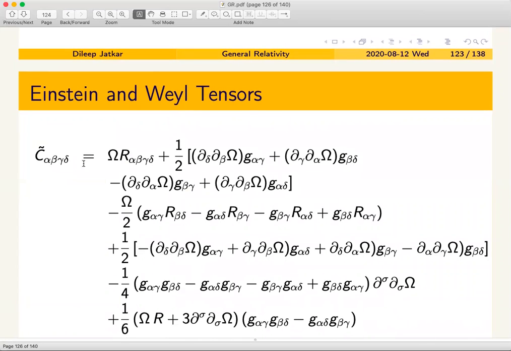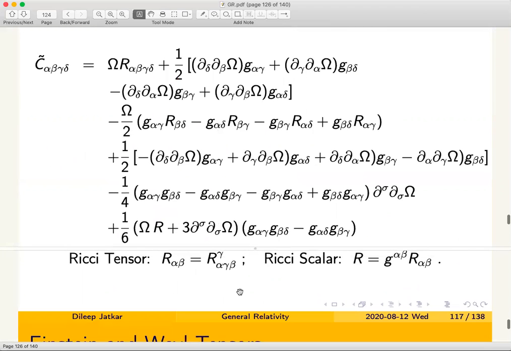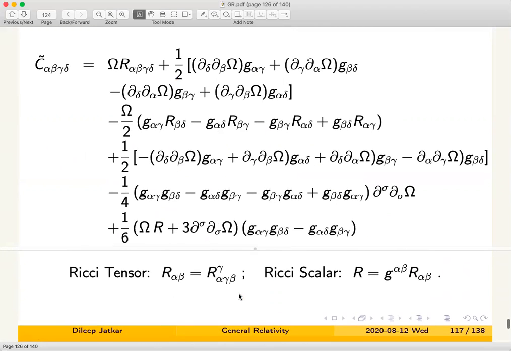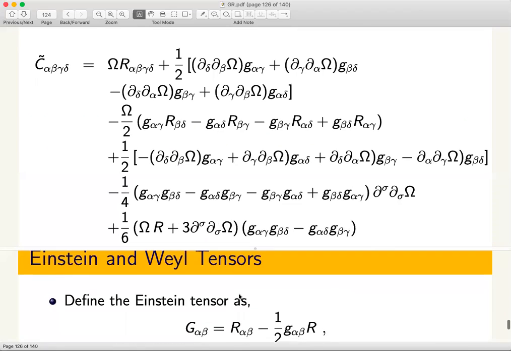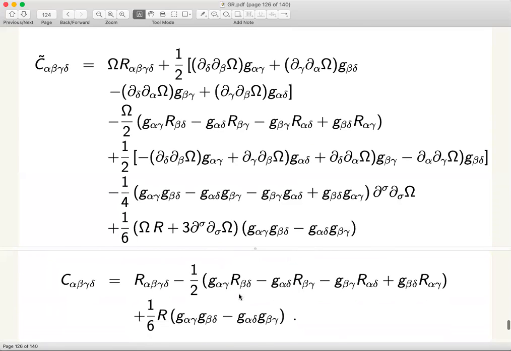So the first part is how the Riemann tensor transforms. So the Weyl tensor is defined this way. The first piece is how the Riemann tensor transforms, which is this one. The next piece is the one where the Ricci tensor transforms.